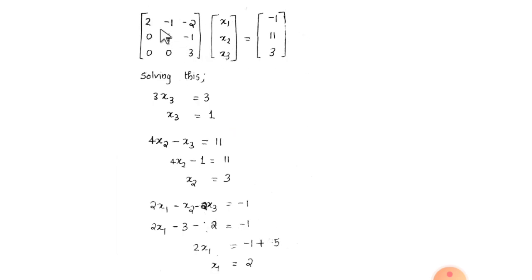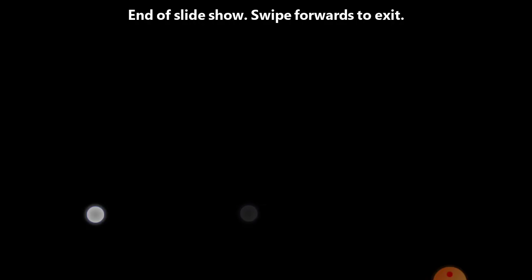Now solve this equation, this row into this column: 2x1 minus x2 minus x3 equal to -1. Another equation, 4x2 minus x3 equal to 11, and 3x3 equal to 3. From solving this you can get x3 equal to 1, x2 equal to 3 and x1 equal to 2.